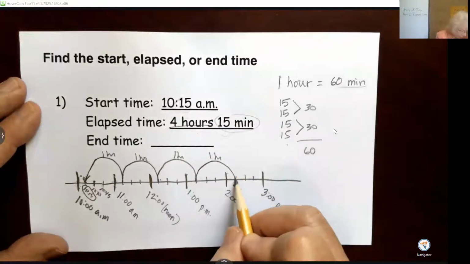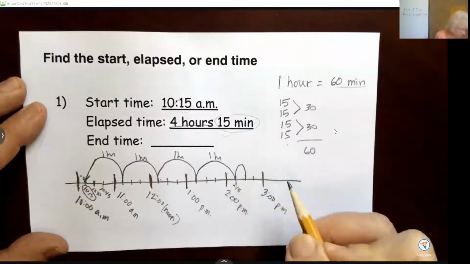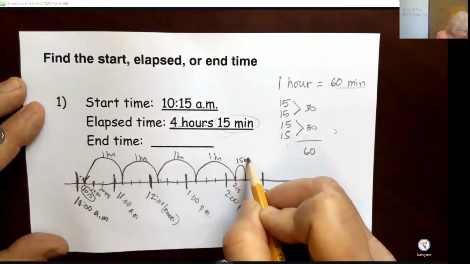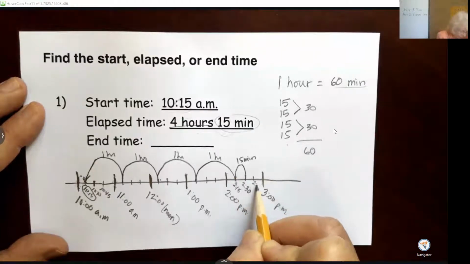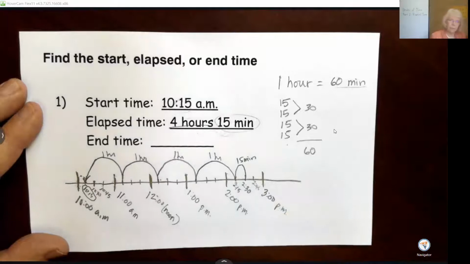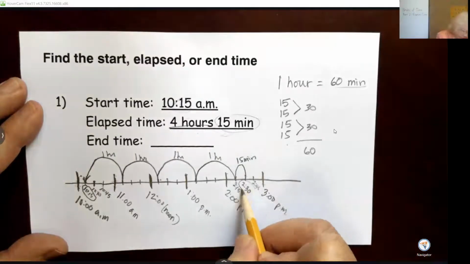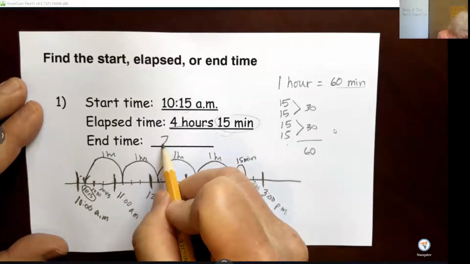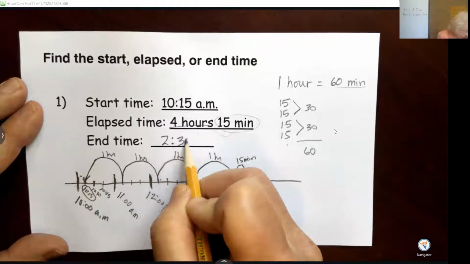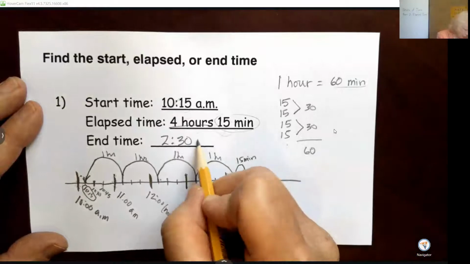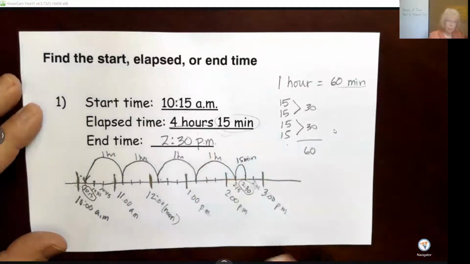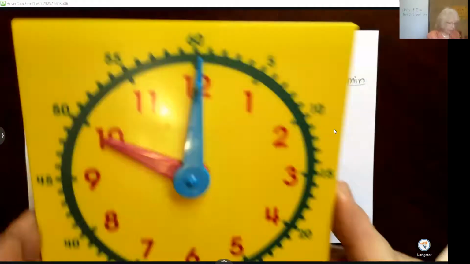So 15 minutes is one of these little ones, and that gets me to 2:30. This last one would be 2:45 and then 3. So my answer to this problem is 2:30, and I need to mark AM or PM. Which one is it? Say it out loud. That's right, PM.